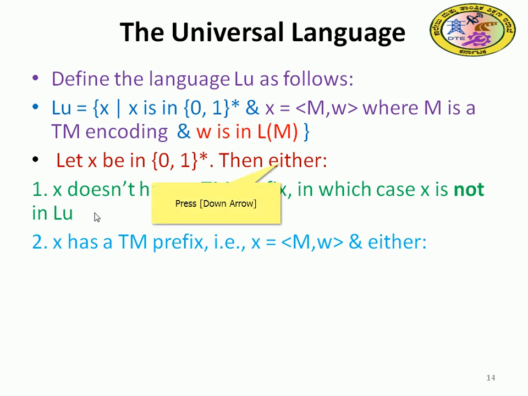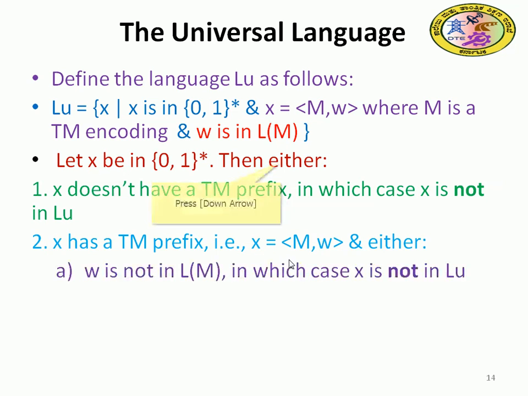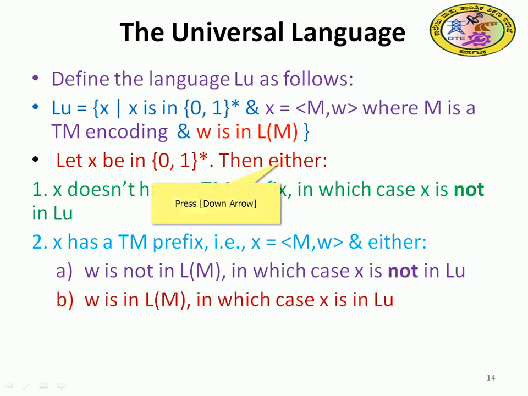Or X has a Turing machine prefix, that is X = <M, W>, and either W is not in L(M), in which case X is not in LU, or W is in L(M), in which case X is in LU.